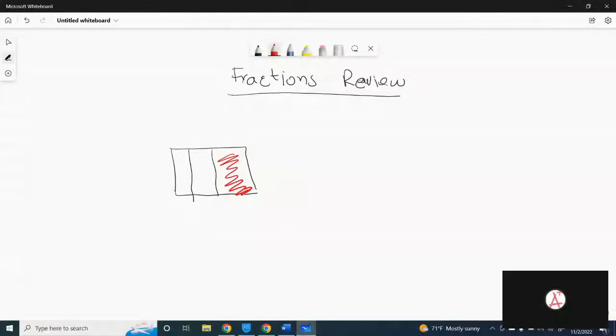Okay, so you need to find what fraction of the shape is red. I colored it red. Basically, first you have to count the number of total parts of the shape. The shape has total 3 parts.